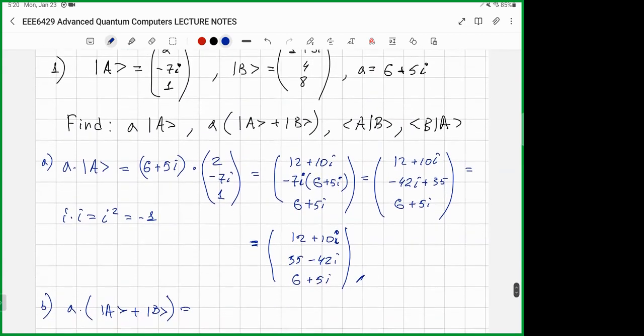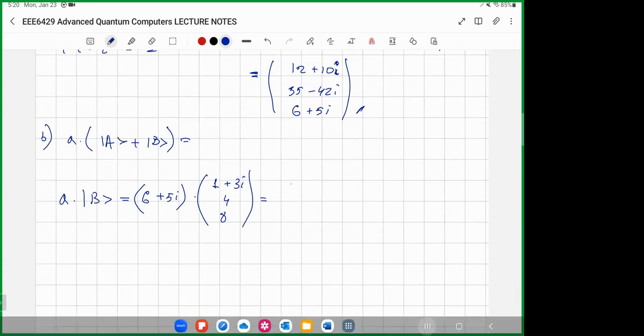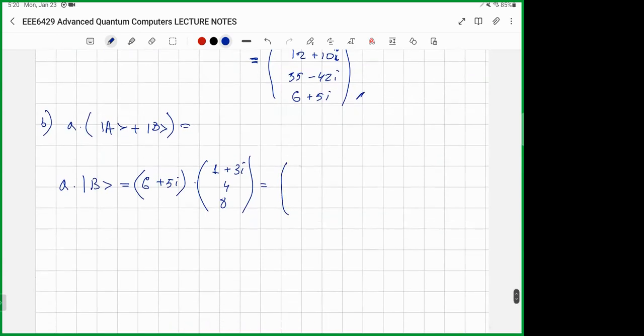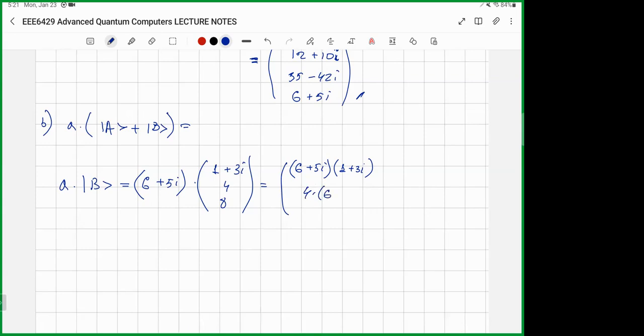Okay, so it is equal to 6 plus 5i times 1 plus 3i, then 4 times 6 plus 5i, and 8 times 6 plus 5i.